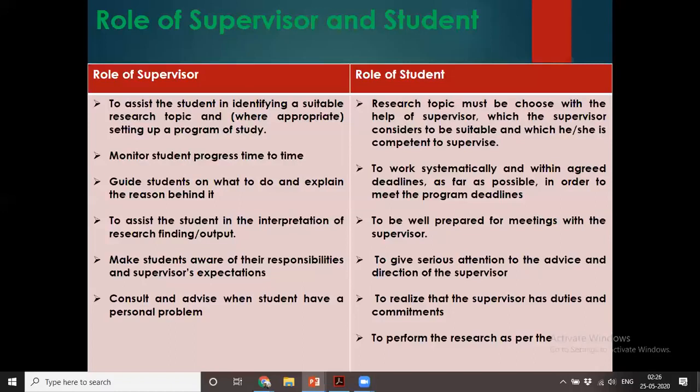Again after 6 months, they show the doctoral committee that these are the things I showed you in the previous progress seminar, and I have done this.